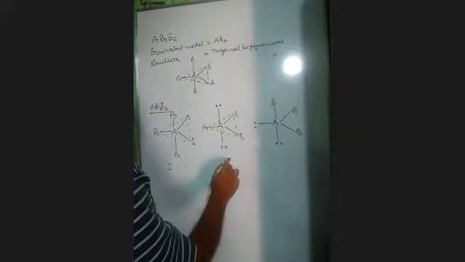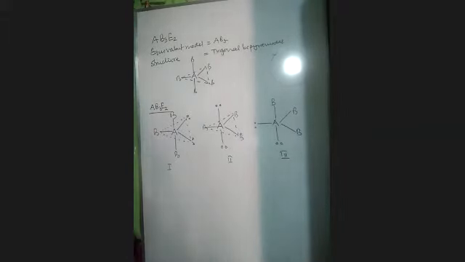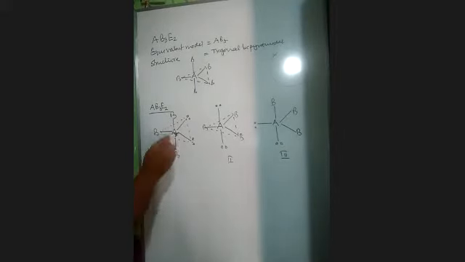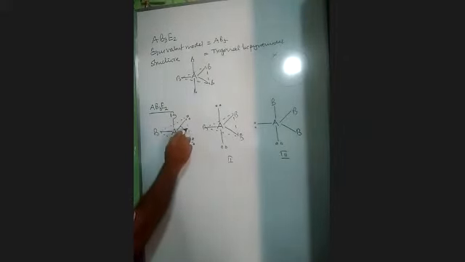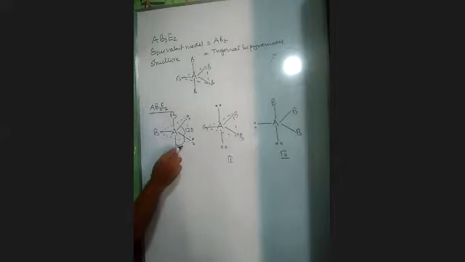Let us count the lone pair bond pair repulsion. See, here the angle is 120 degrees. Now, what is the angle here? This and this is 90 degrees.